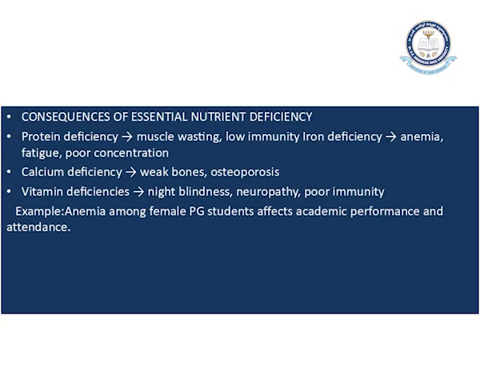What does calcium deficiency cause? It causes mainly weak bones and osteoporosis. Vitamin deficiencies mainly cause night blindness, neuropathy, and poor immunity. These consequences are among a few. There may be many others also. For example, anemia among female PG students affects academic performance and also the attendance of the student.